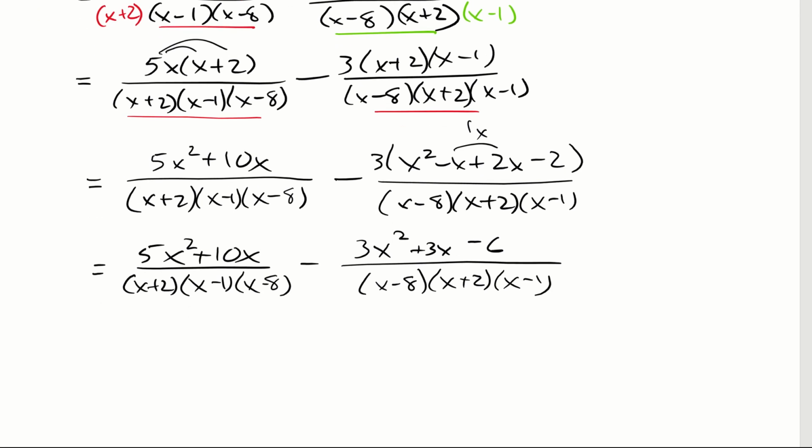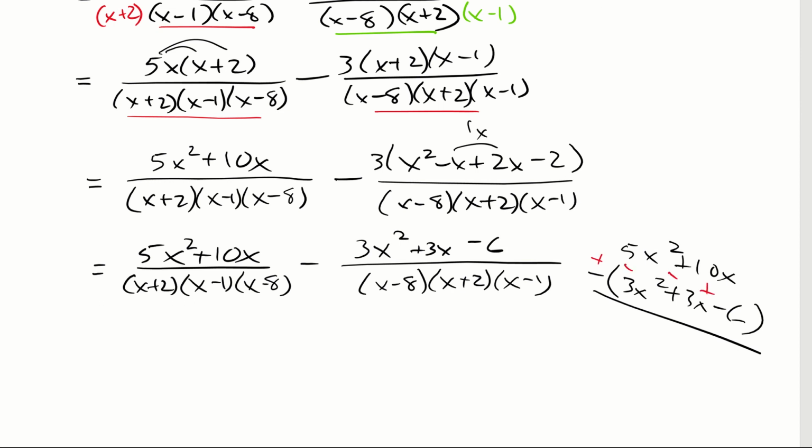Remember this thing? 5x squared plus 10x minus 3x squared plus 3x minus 6. Remember? You're going to add the opposites.